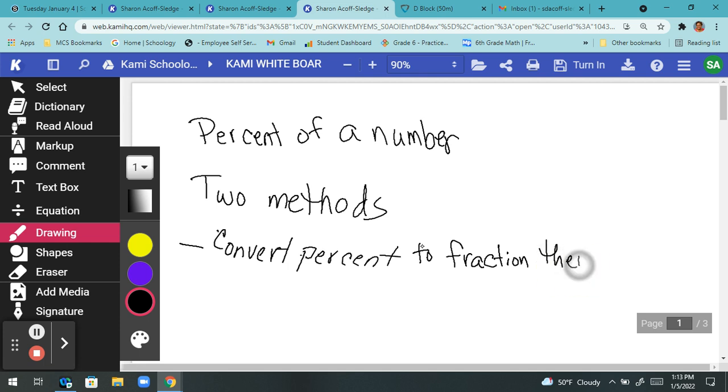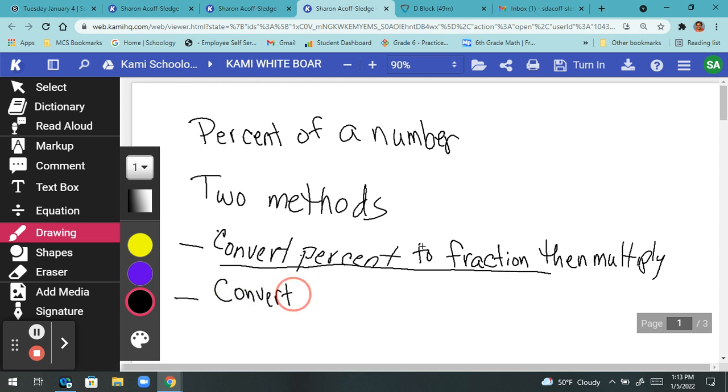And then multiply. So that's very important. The first step we're going to do is convert. So we're going to convert the percent to a fraction and then multiply. So that's one method. The second method is convert the percent to decimal. Then multiply.